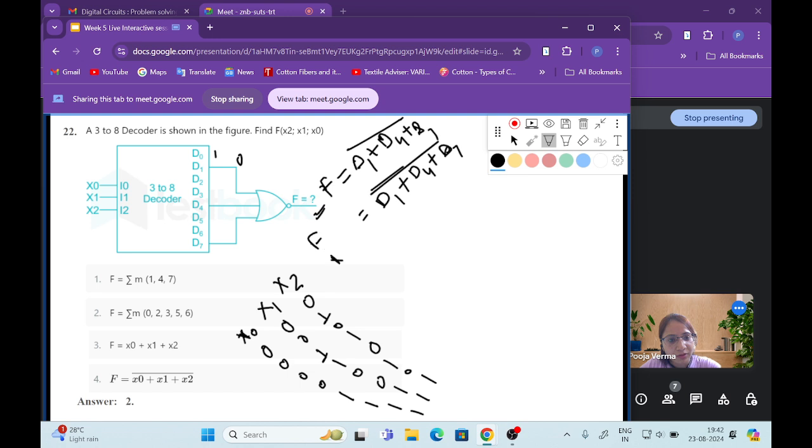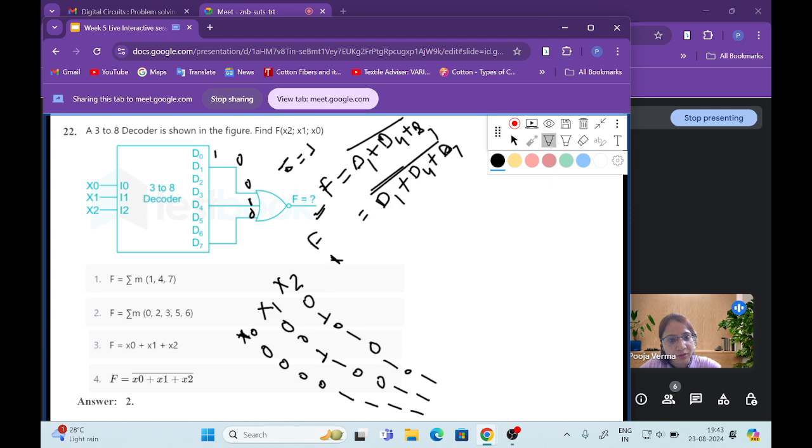Because at 0, 0 it is 1 and all other combinations are 0. So 0, 0, 0 dash will be 1. So that's why I am writing here 1.